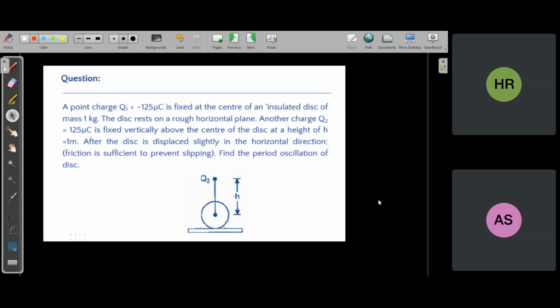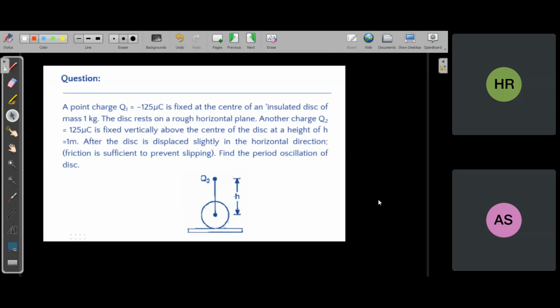you have to understand that the disk will not slide, it will do pure rolling. Now you have to find the period of oscillation of the disk. You know there are different ways to do it.